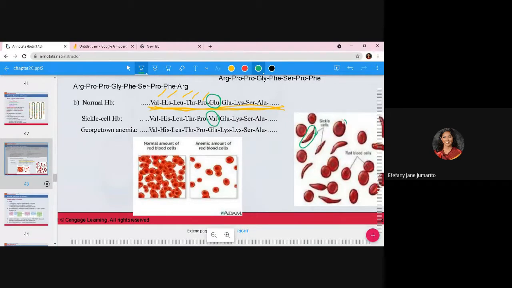The red blood cells are circular. Now, in sickle cell, you have this shape, just one amino acid changed, then the function also changes from a normal hemoglobin that transports oxygen. It can cause clogs in blood vessels. So it clogs in your blood vessel. So what I'm saying here is that the sequence is very important.